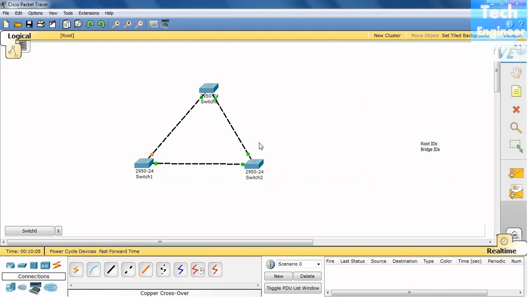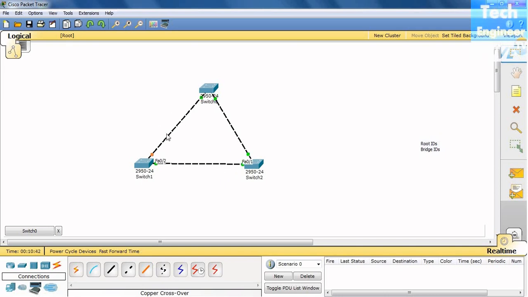Now, designated ports. This link is designated, this link is designated, this link is designated, meaning they are forwarding, and these links help in sending the data. So these links are known as designated links.